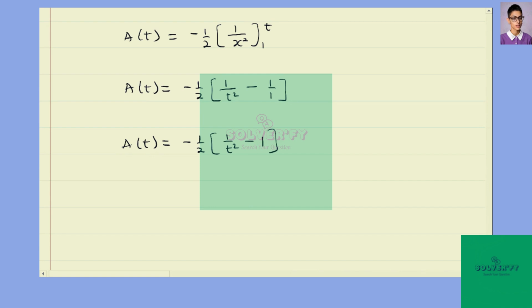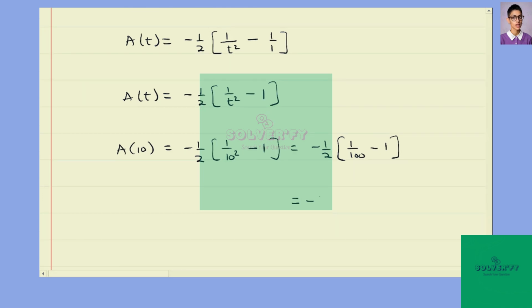Now that we have the expression in terms of t, we find the area when t is equal to 10 in the first place. So that is negative half times 1 over 100 minus 1.